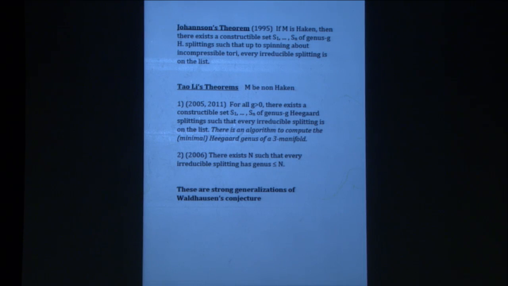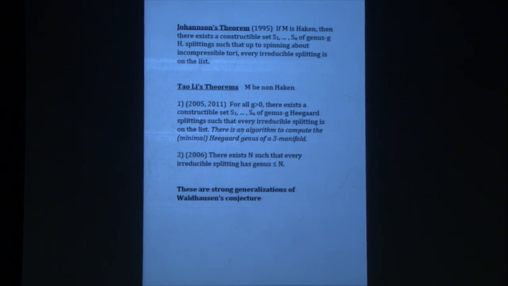So, back to classification of Heegaard splittings. I mentioned the work of Johannson and Tao Li, and I'd like to discuss this in more detail because Johannson's theorem is a bit stronger than I stated, and Tao Li proved a series of really remarkable theorems. In particular, Johannson showed that if you have a Haken manifold and you fix a genus, then there's a constructible finite set of genus g surfaces so that, up to spinning around tori, every irreducible splitting is one of those.